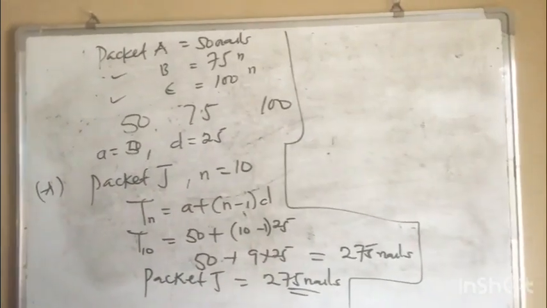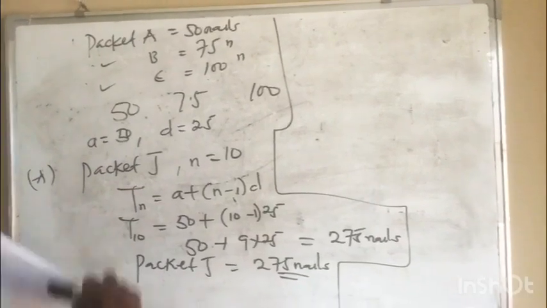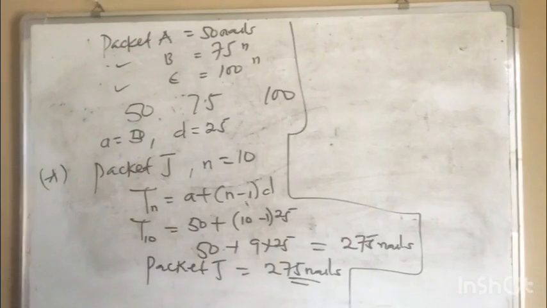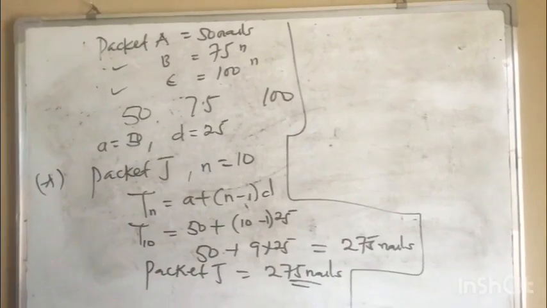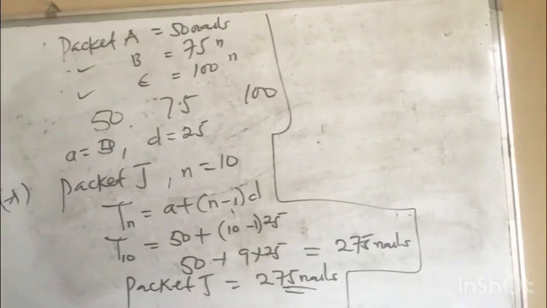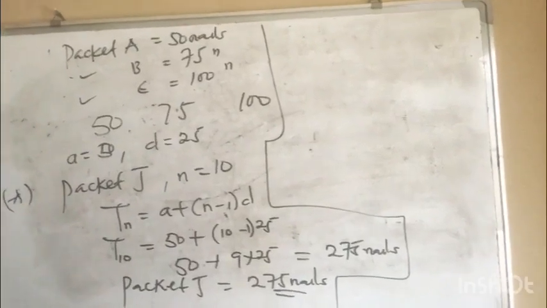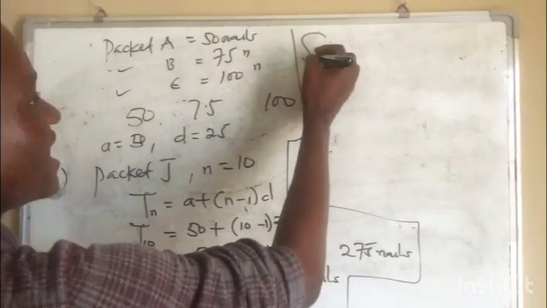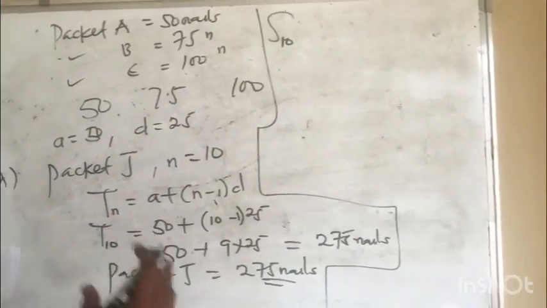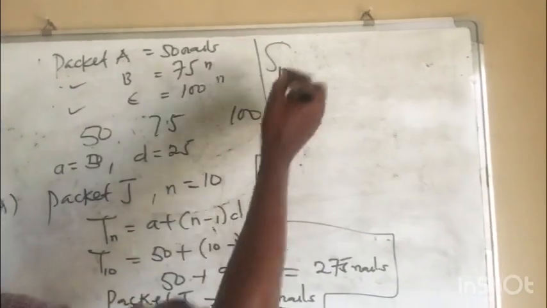What they are trying to say is: what is the sum of all the names from packet A to J? If you begin finding them one by one, that would be a stress. So what they are asking for is the sum S10, since Shand is buying packets A to J.